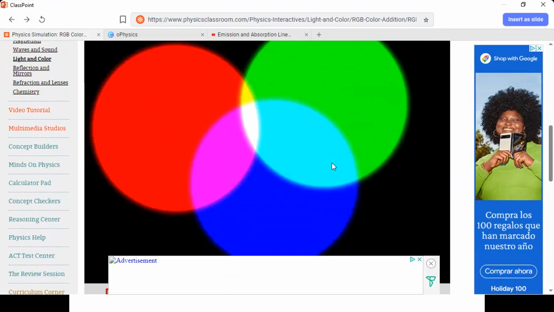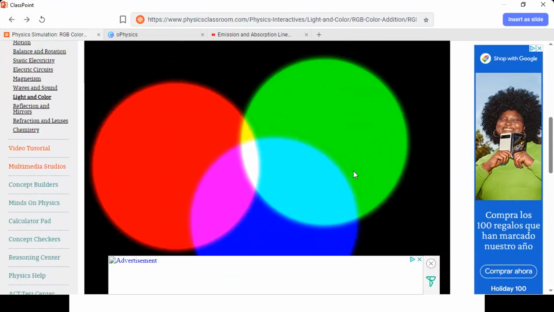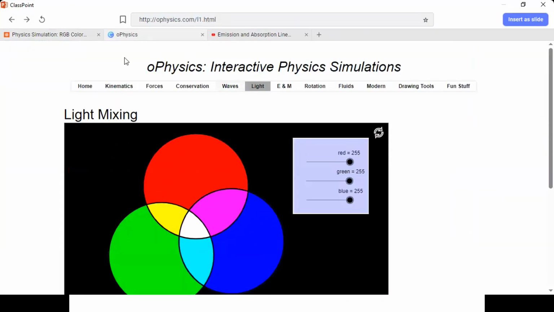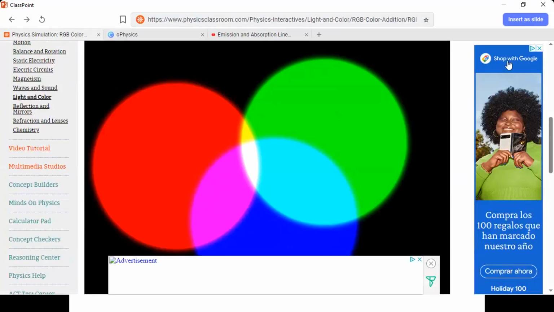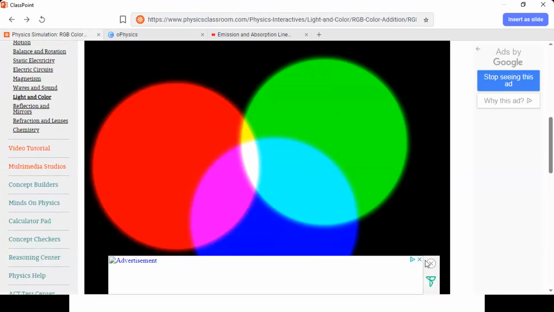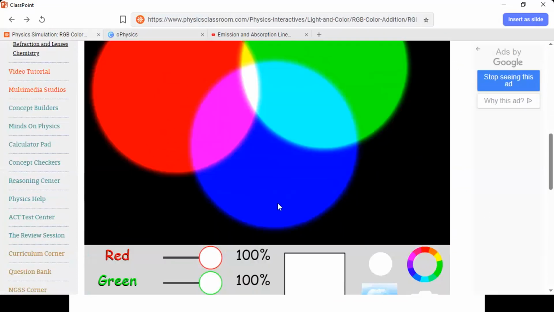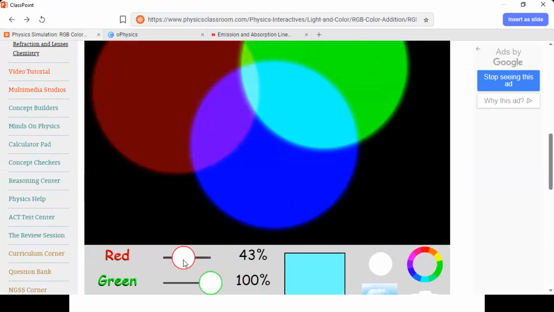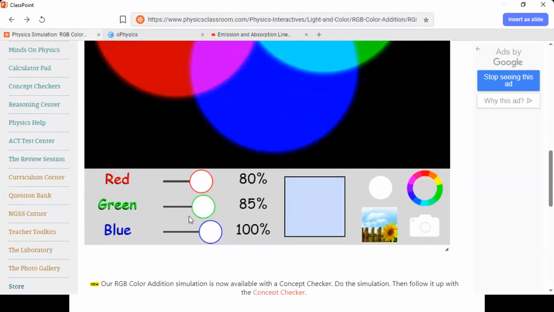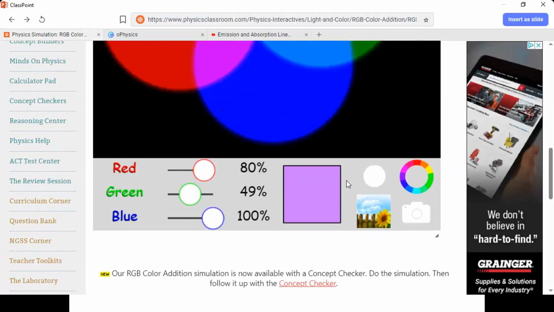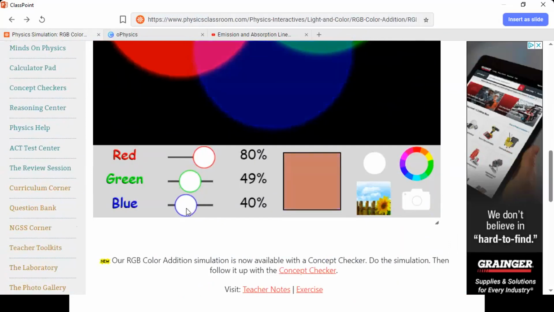You can use this website or physics.com and this website, and you can change the intensity of the red, the intensity of the green, and the intensity of the blue.